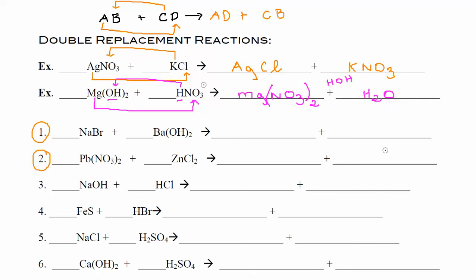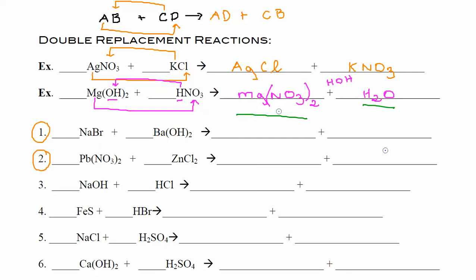Now, just to let you know, this is an acid-base reaction. Mg(OH)2 is a base, HNO3 is an acid. So when you have a base and an acid, what you're actually forming is water, H2O, and a salt, an ionic compound, Mg(NO3)2.